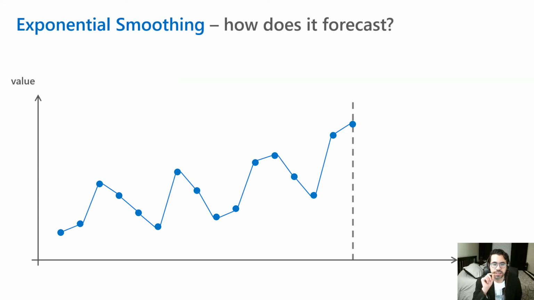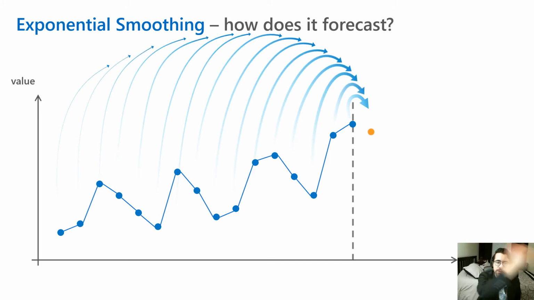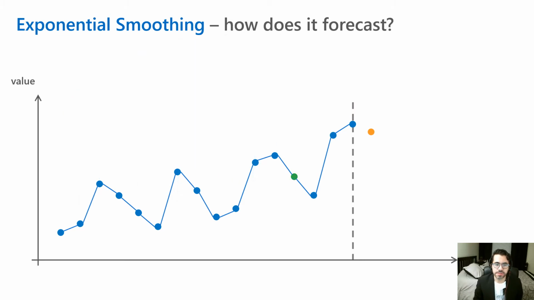So the way the model actually forecasts, the way we produce this model and this forecast, is that first we start with the time step before it, right? So we're going to propagate that forward. That's your level. Then all of the influence from before that time step affects that modeled point or that modeled time step. And then the seasonality, if it exists, can also affect the forecast value.